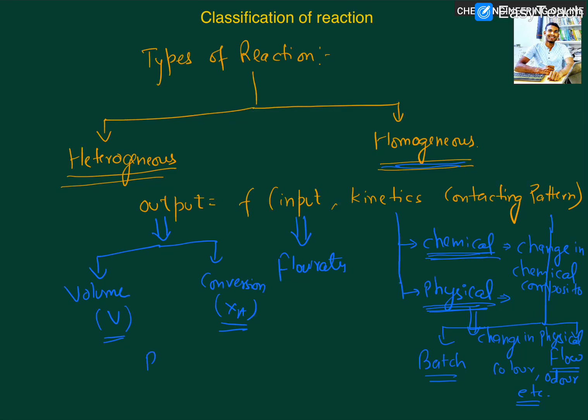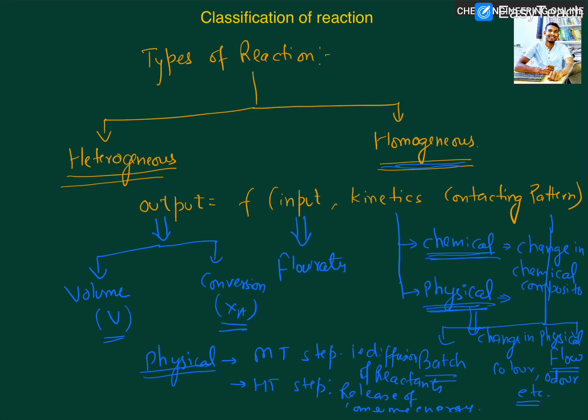So physical kinetics can be a mass transfer step, that is diffusion of reactants, and a heat transfer step, that is release or consume energy. So these are the physical steps involved in a chemical reaction.